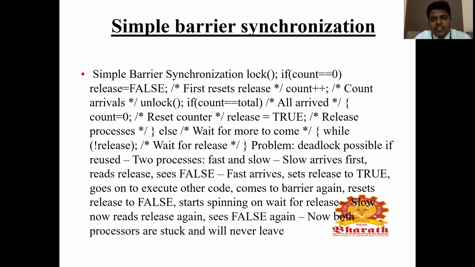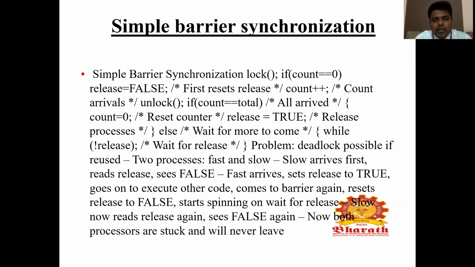In barrier synchronization, we have many types. The first one is simple barrier synchronization, which is slow. With two processes, one fast and one slow, the fast one arrives, sets release to true, goes on to execute other code, comes to the barrier again, and resets release to false.